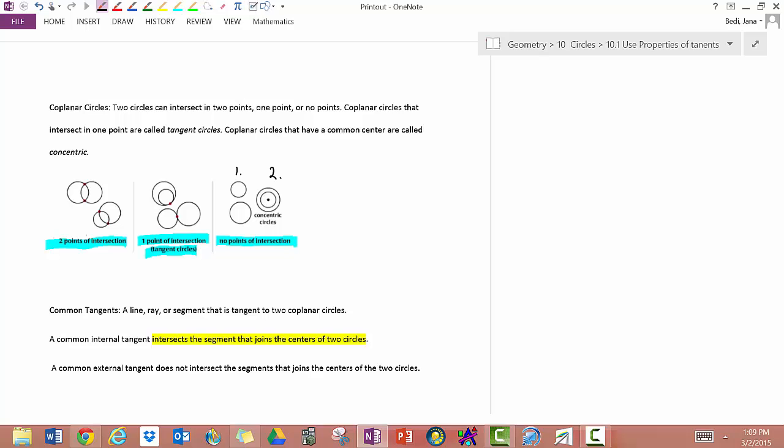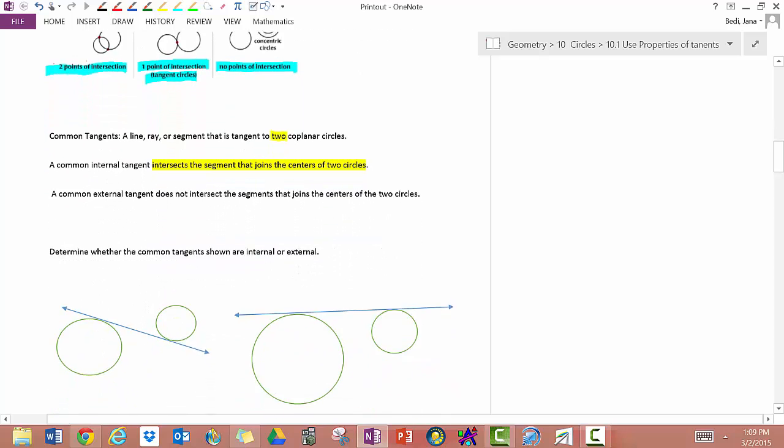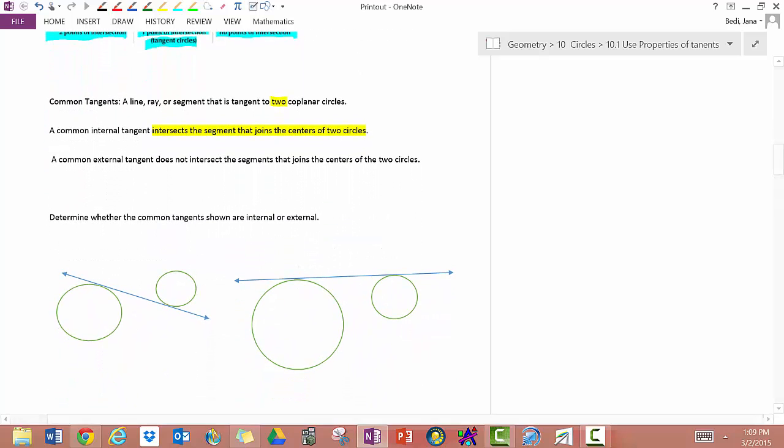What are common tangents? Common tangents are a line, ray, or segment that is tangent to two coplanar circles. So that's the key here, two coplanar circles. A common internal tangent intersects the segment that joins the centers of two circles.